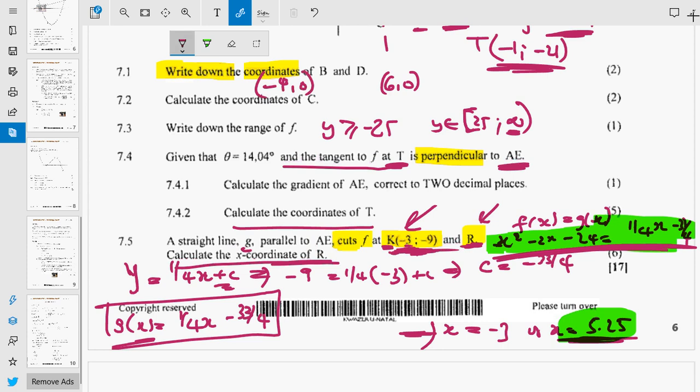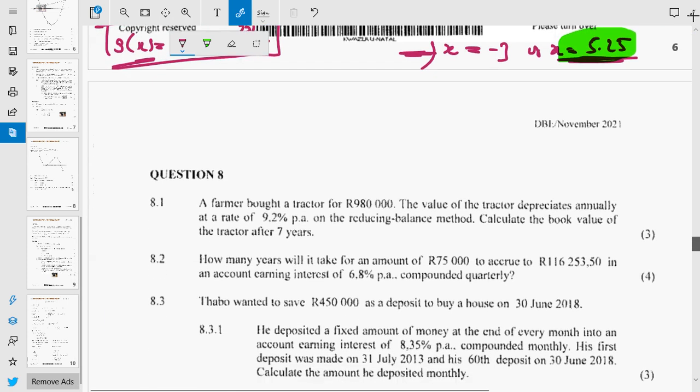I think this question from 7.4 to 7.5 was a little bit tricky, and it required quite a bit of thinking. But anyway, such questions are expected. So let's move on to question 8.